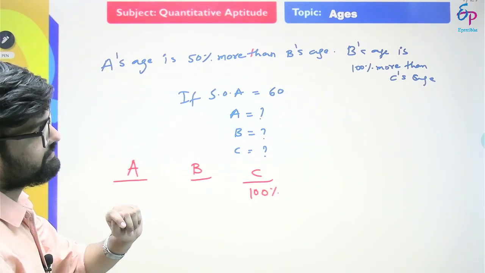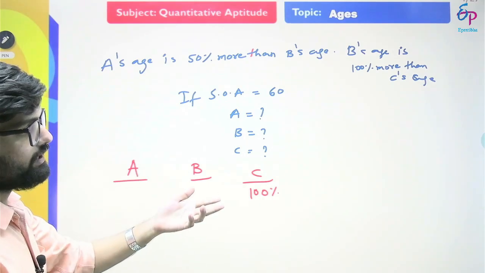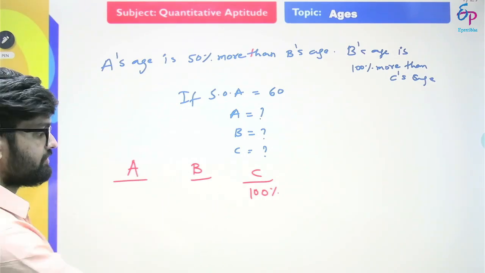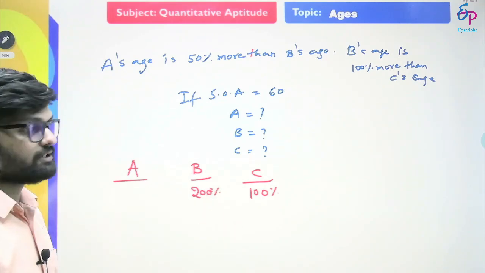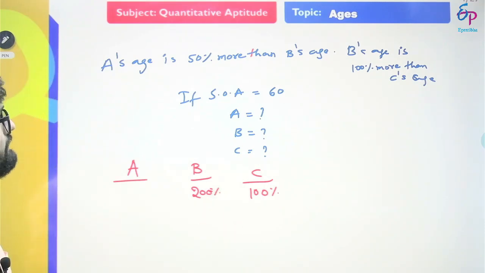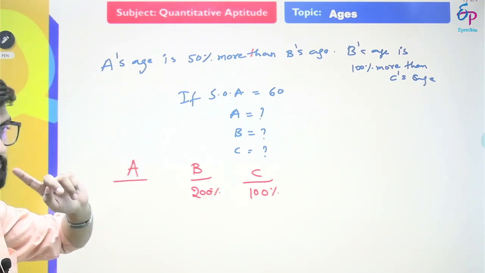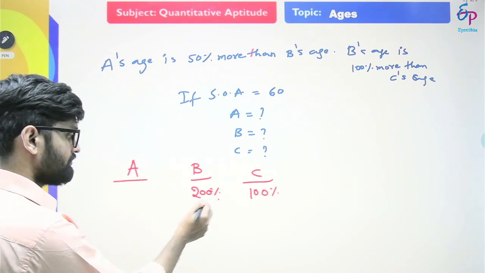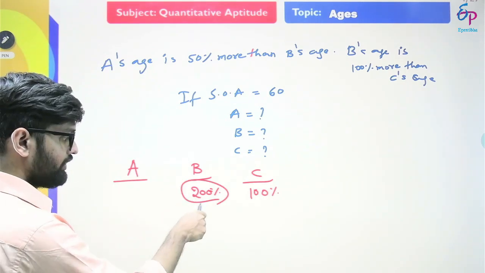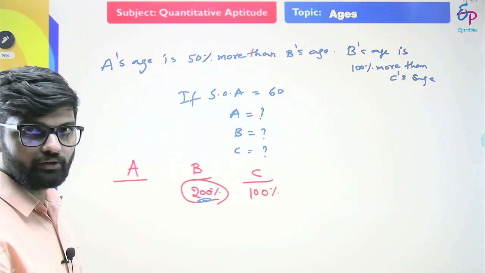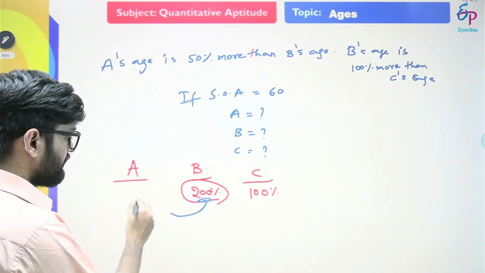B's age is 100% more than C's age, which means B's age will be 200%. A's age will be 50% more than B's age. What is 50% of 200? It is 100. 100 more means it is 300.